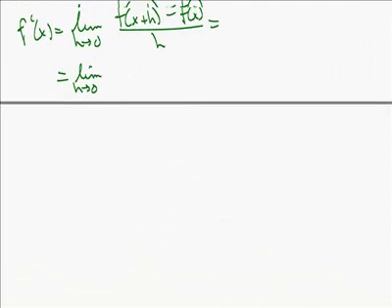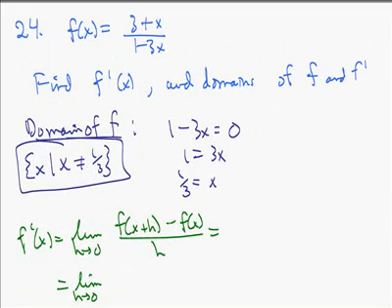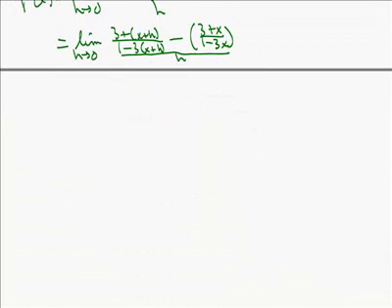If we put x plus h into our function, which is right here, (3 plus x) over (1 minus 3x), it's going to be (3 plus x plus h) divided by (1 minus 3 times the quantity x plus h). So there's f of x plus h minus f of x, which is (3 plus x) over (1 minus 3x), and then all of that divided by h. Alright, should be a fun one.